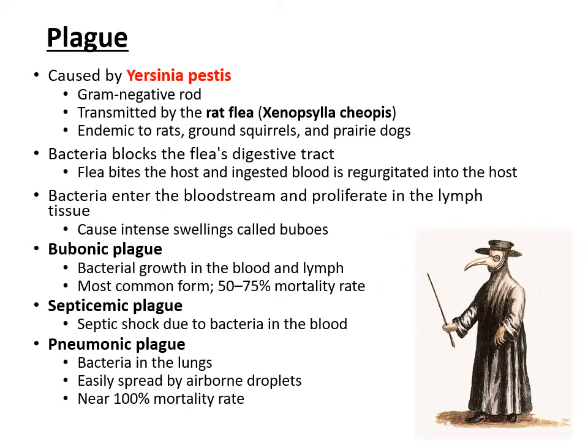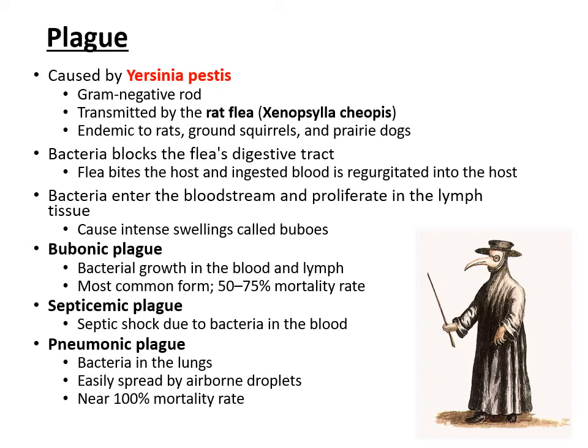So the reason the plague doctor looks like that is if you think about the bubonic plague and the horrible conditions at the time where this infection was so problematic, there were tons of people getting sick. There was just the smell of disease, of infection, of dead bodies, of just all kinds of problems here.